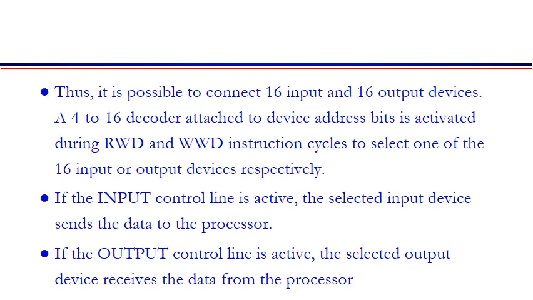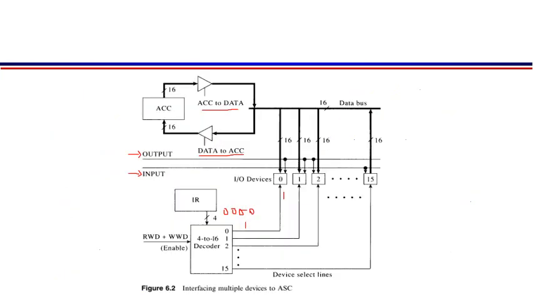So if the input control line is active, the selected input device sends data to the processor, and if the output control line is activated, the selected output device receives data from the processor. So the figure shows a detailed picture of 16 devices that are connected to the accumulator.